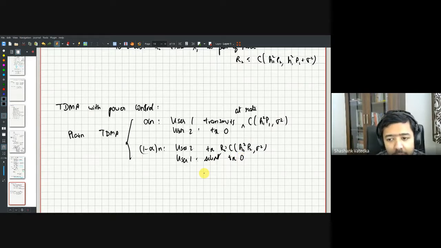But maybe this can be improved slightly. We're not making use of all the resources in this plain version of TDMA. Can someone tell me why?